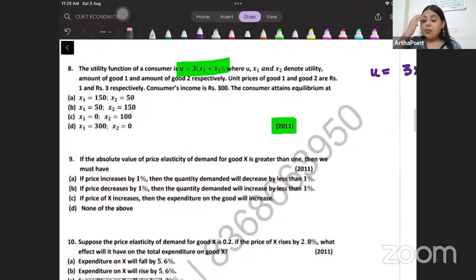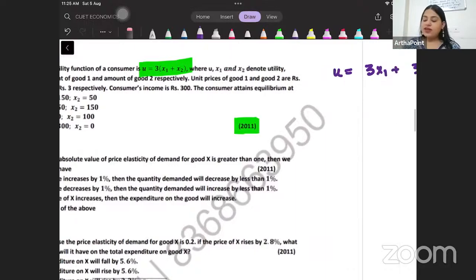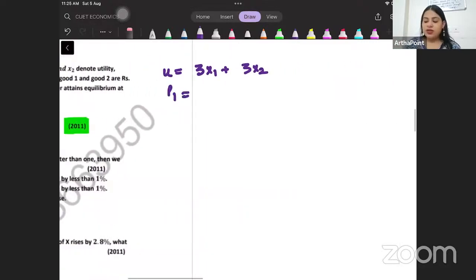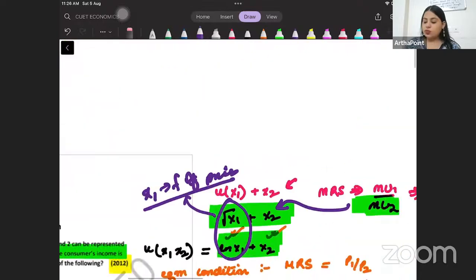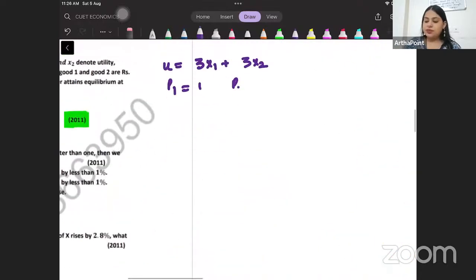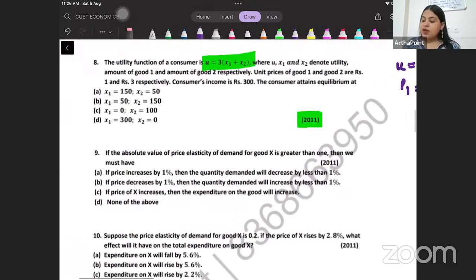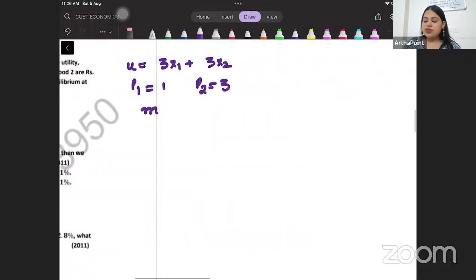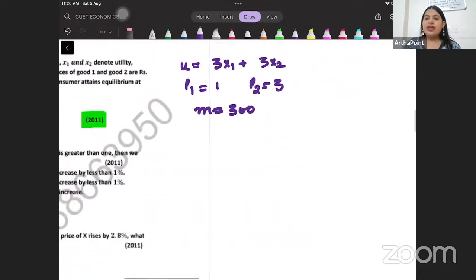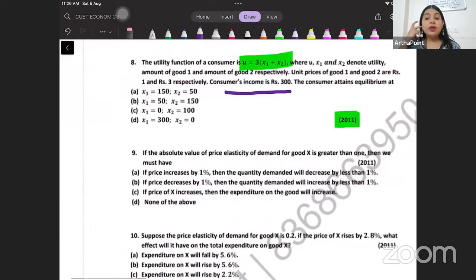And it says that the unit price of good 1 and good 2 are 1 and 3. So P1 is 1 and P2 is 3. Right? Now read the question. It says, consumer's income is 300, M is 300, and it says find equilibrium.